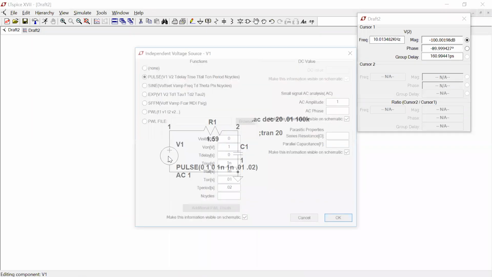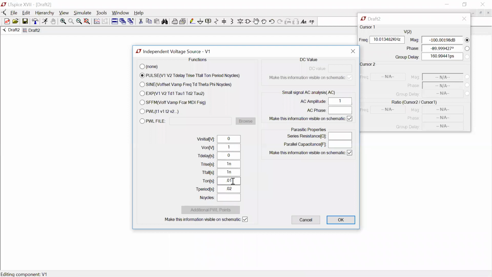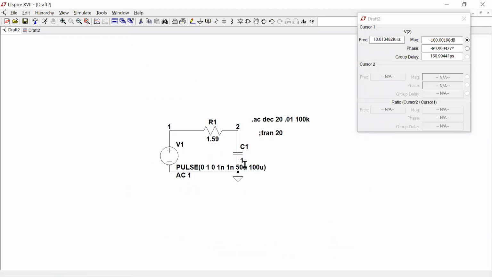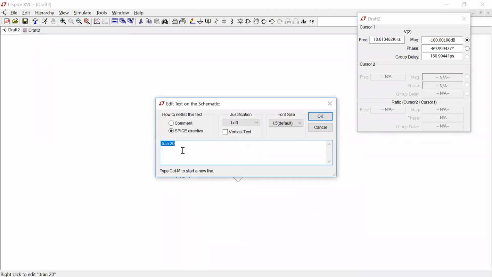But now what I want to do is, what if that was at the 10 kilohertz that I originally, right? The gain should have been minus 100 dB, right? So that's 100 kilohertz.